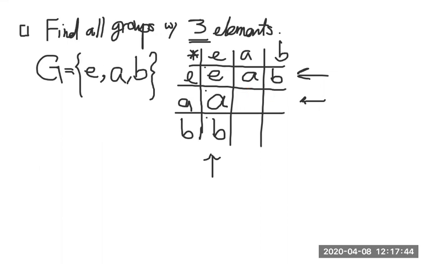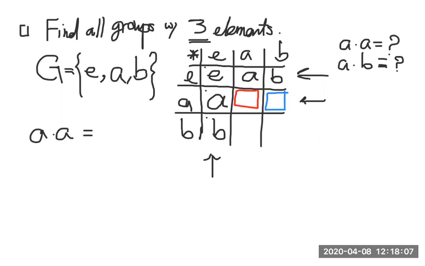So I should find what is A times A, and I should find what is A times B. Okay, A times A and A times B. So as I said, because we want all 3 elements E, A, and B in this row, and we already have A there, it should be either E or B. So A times A is E or the other one, which is B.